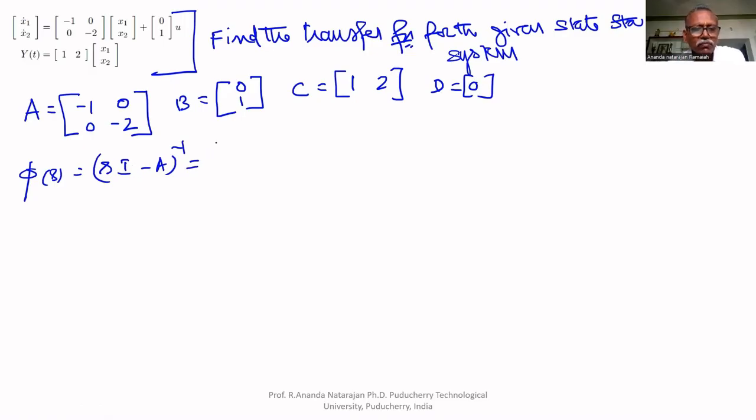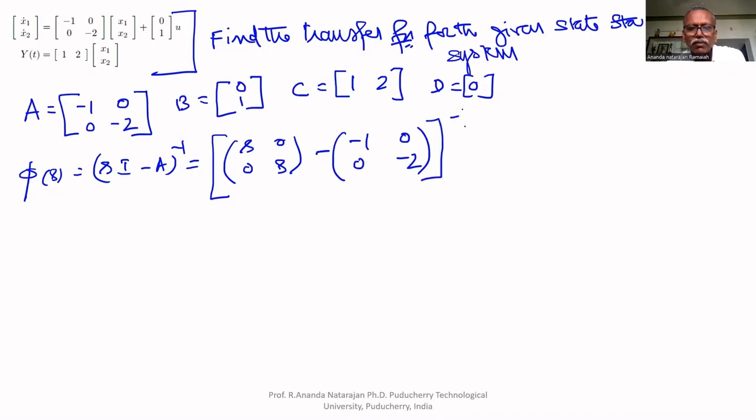Therefore, sI equal to [s, 0; 0, s], and sI minus A equal to [s plus 2, 0; 0, s plus 1] inverse.